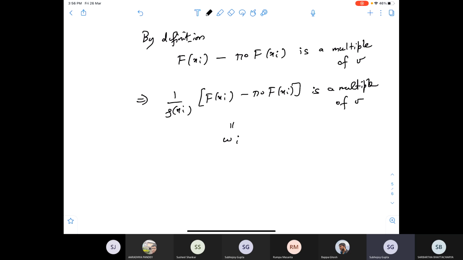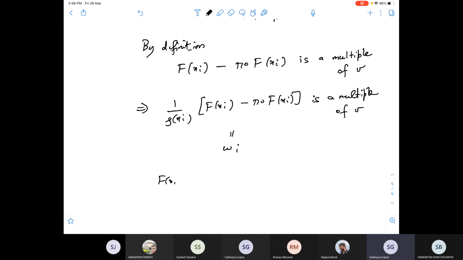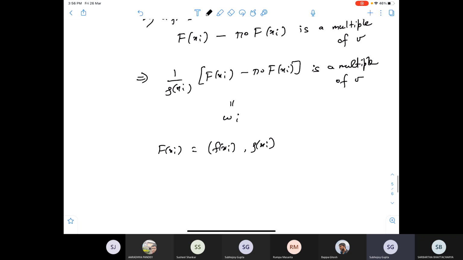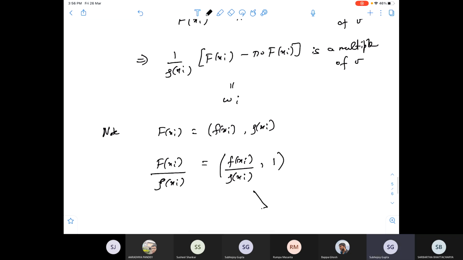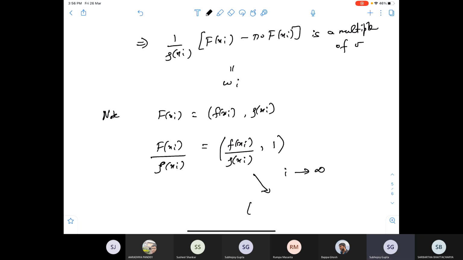So what you notice is that, remember, capital F of xi was f of xi comma rho of xi. If you divide by rho of xi, you get f of xi by rho of xi comma 1. And what happens when i tends to infinity? Remember that at the very beginning we chose this f to be bounded.